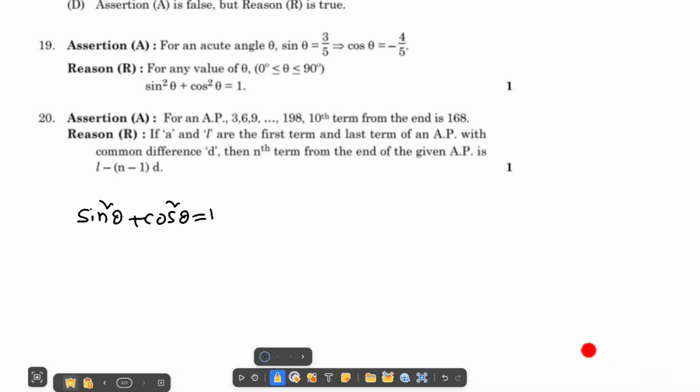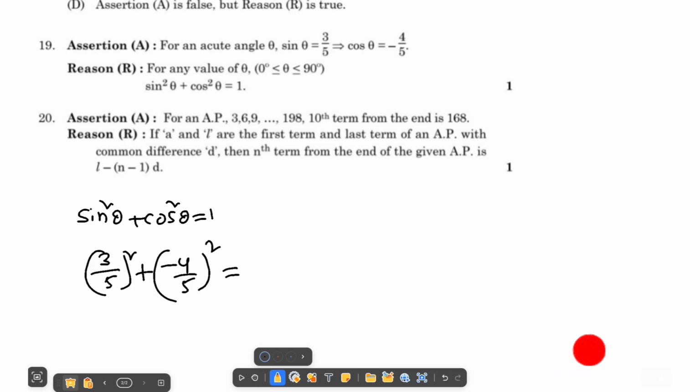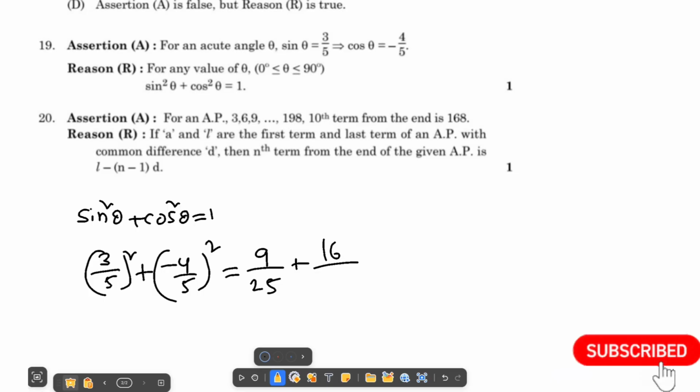So what is sin square theta here? Sin theta is 3 by 5, so 3 by 5 whole square plus cos theta is minus 4 by 5 whole square. Let's check whether it is equal to 1 or not. 3 square is 9 and 5 square is 25, plus minus 4 whole square is plus 16, over 5 square is 25.